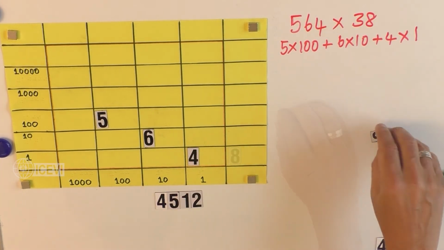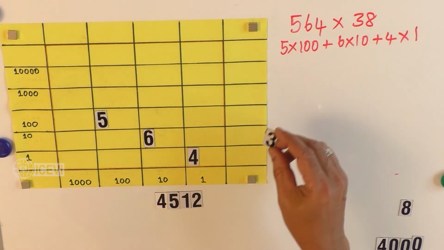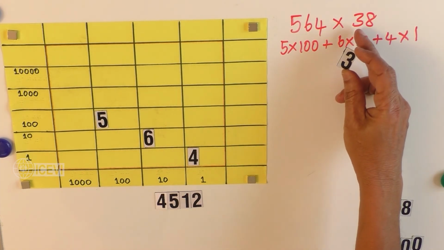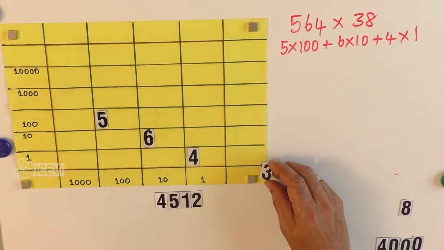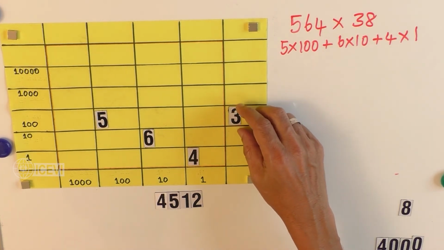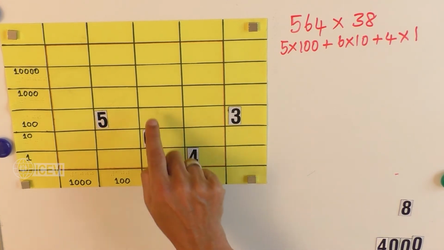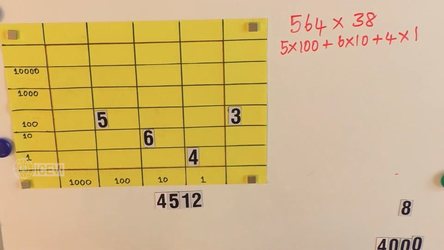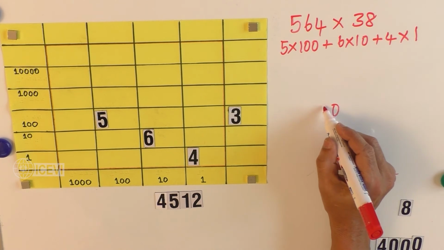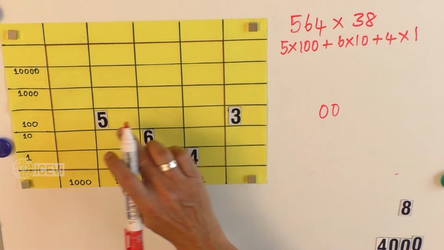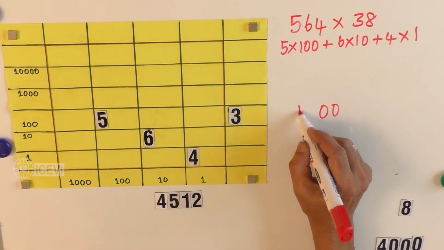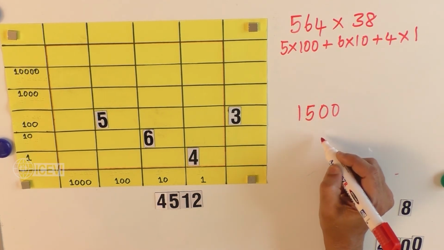Now let us multiply 3 with 564. Let us put 3 in the reference column. As the two boxes to the right of 5 are 0, you should start with 2 zeros. So 5 and 3, it is 1500.